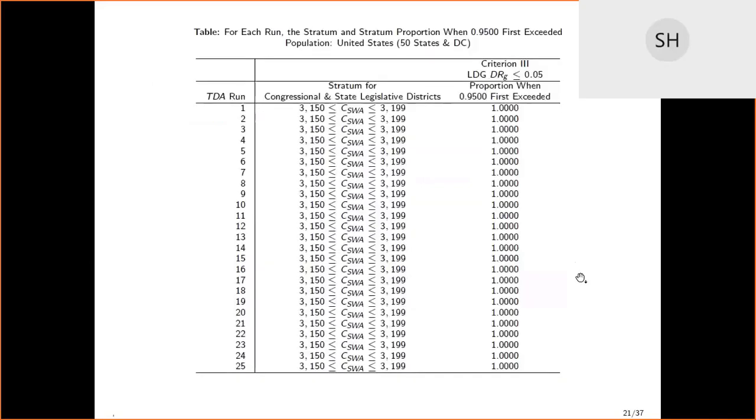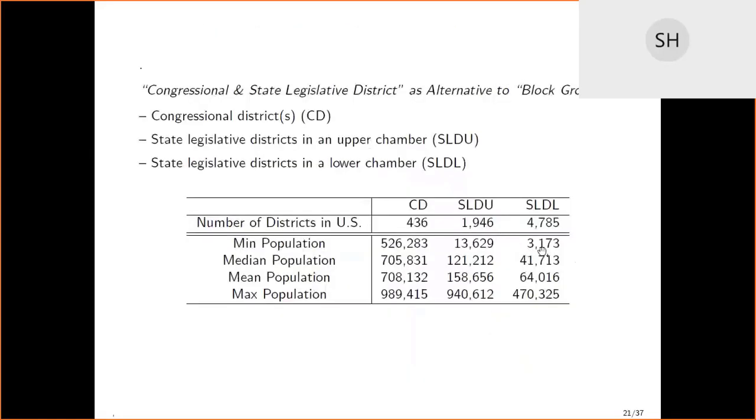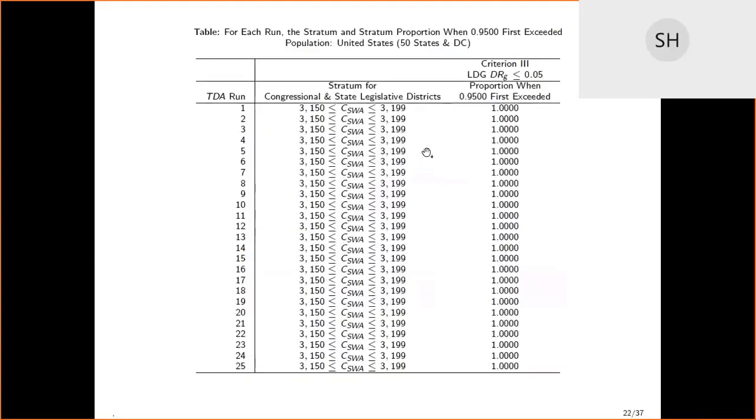And what did we see? With 25 different runs of the top-down algorithm, I want to call to your attention that the smallest entity, the minimum population among these three categories of districts, happens to be with the lower chamber districts, and the 300. So what we see when we run the algorithm is that we first get to 95%.